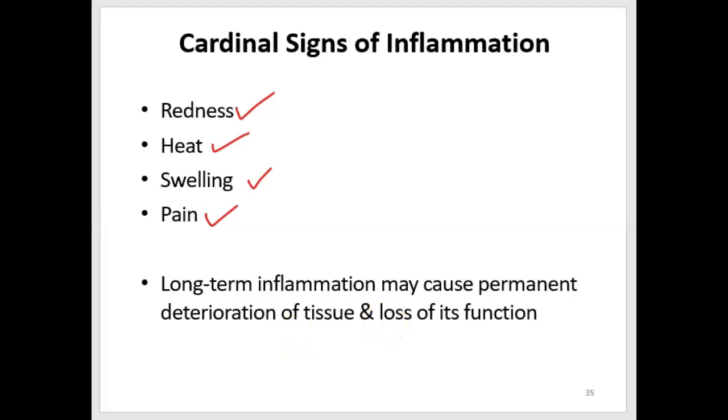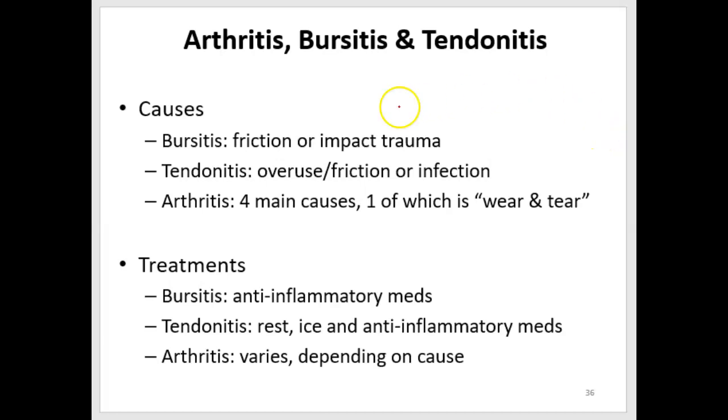It depends on what the cause is and what type of inflammation you're talking about. So for bursitis, usually the cause of bursitis is friction or some sort of a trauma. And if you just stop doing that particular activity and let the inflammation calm down, there's no loss of function.